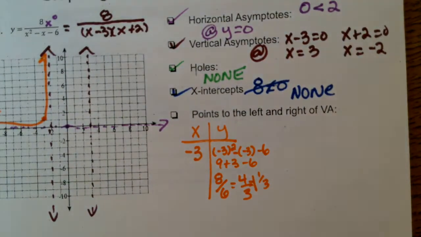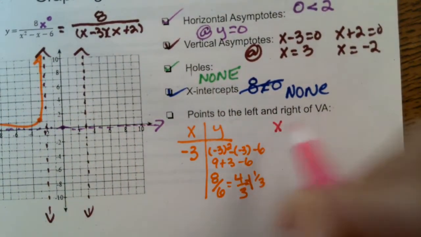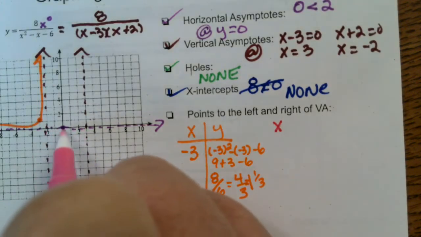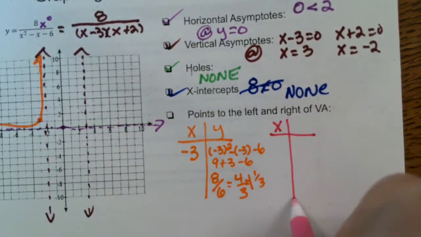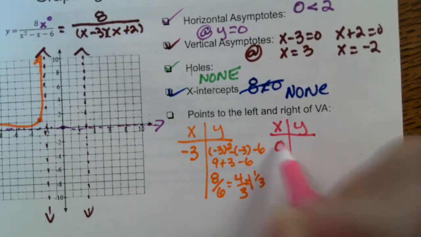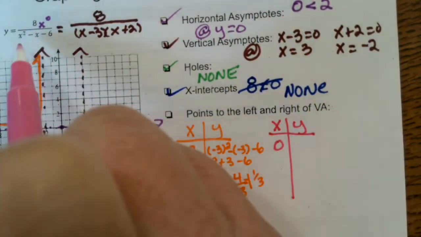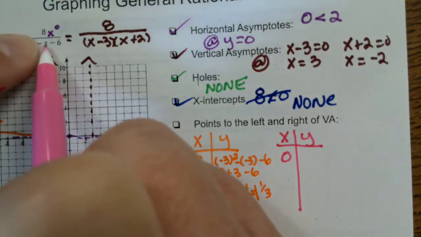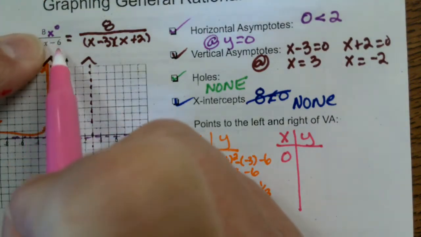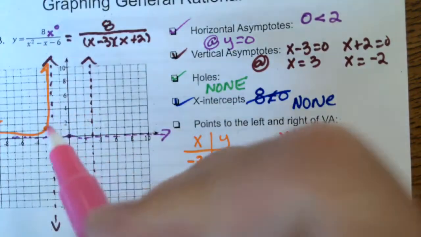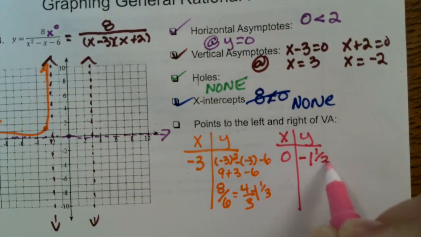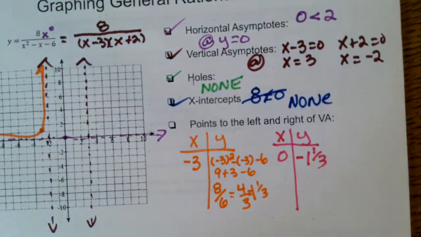All right, well, so for the next section, I'm going to look at this section in between these two vertical asymptotes. And 0 is super easy to plug in. So I'm going to pick 0. If I plug in 0 here, that goes away. Here, that goes away. I have 8 divided by negative 6. So that's a negative 1 and 1/3, since we've already had 8 divided by 6.